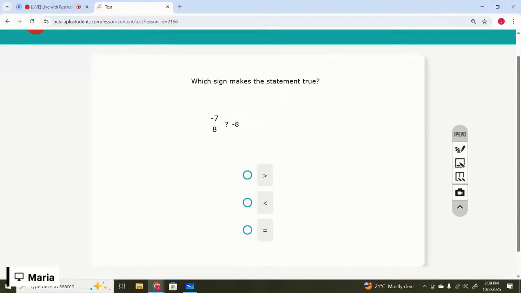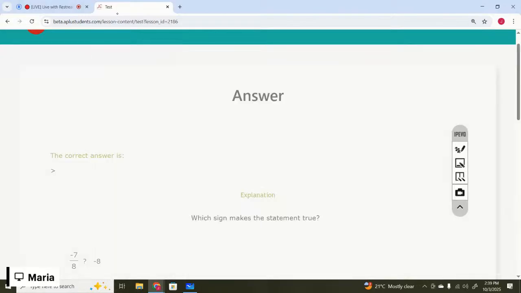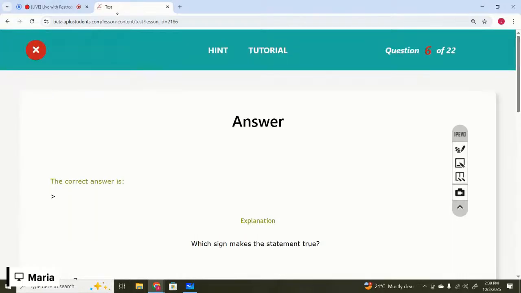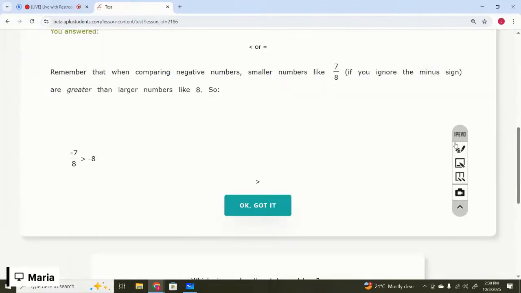Negative 7 over 8, and you have to compare it to negative 8. Negative 7 over 8 is greater. Because on the negative side, the smaller numbers are greater because of the negative sign. That means as you move far from 0, the numbers get smaller and smaller.